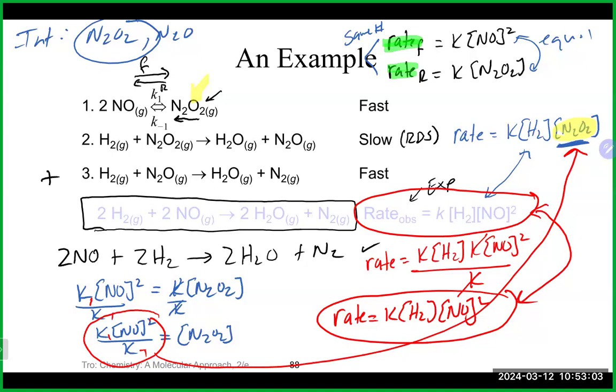So the one that we found for the mechanism, once we got rid of the intermediate, has the same rate law as the one found experimentally, which means, technically speaking, this is a good mechanism, or what they like to call a plausible mechanism for this reaction to take place. It doesn't mean it will always happen this way. It just means this is a possible way that this reaction can take place through this sort of mechanism. Any questions on it?